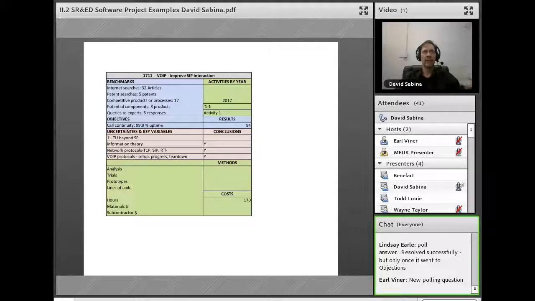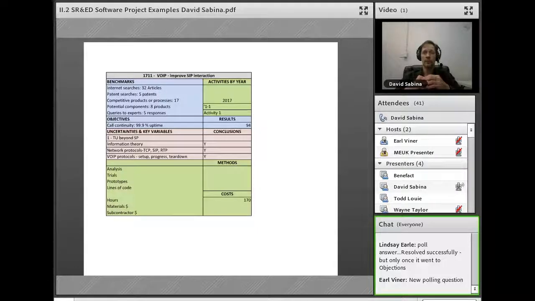So, a quick example of how we would document all of the things that we've described in this example. Well, maybe we did internet searches and we found X number of articles to identify the technology base on peer-to-peer calling, failure modes, call setup, things that were mentioned in there. Maybe we looked at different patents to look at how the state of technology was handled.